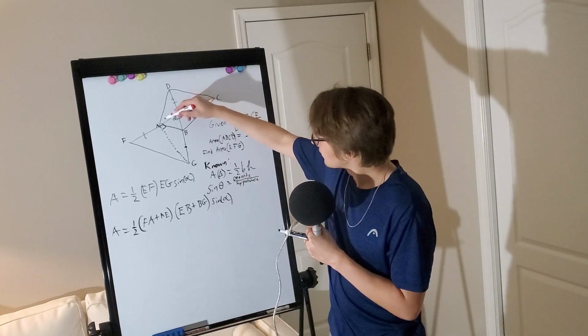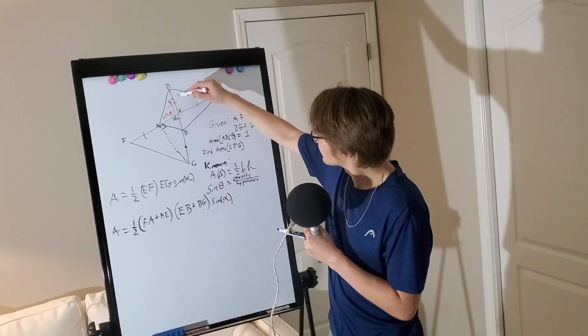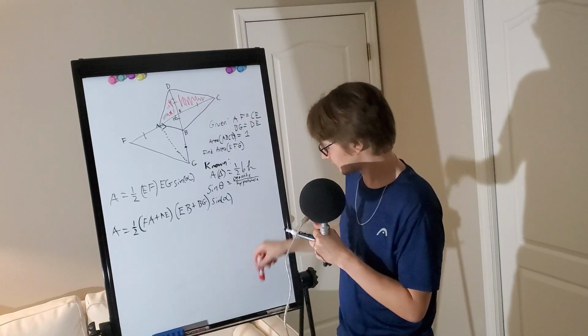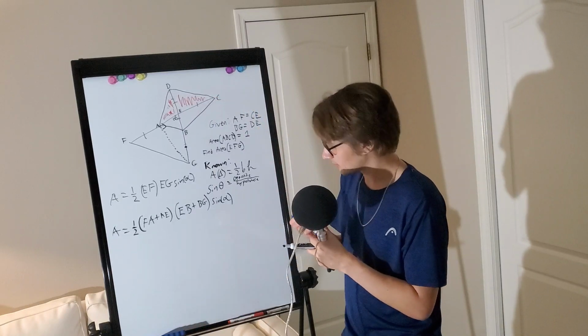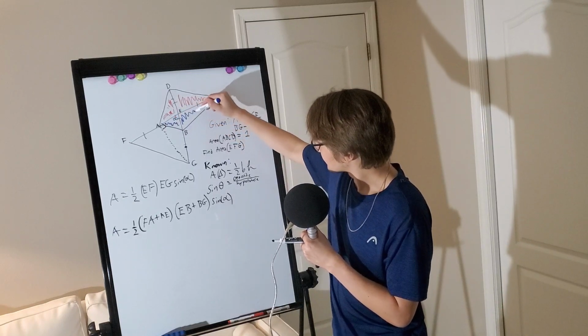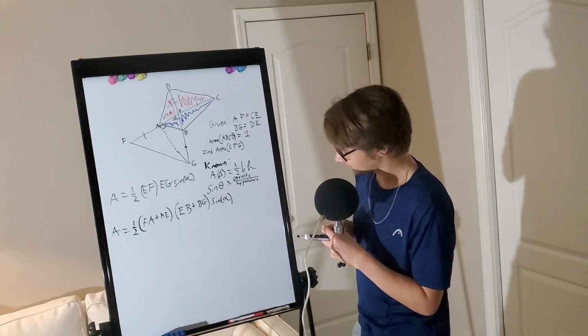So here we have this upper triangle in the red here, and then in the blue we're going to draw the lower triangle. We're going to shade it in. All right, cool.